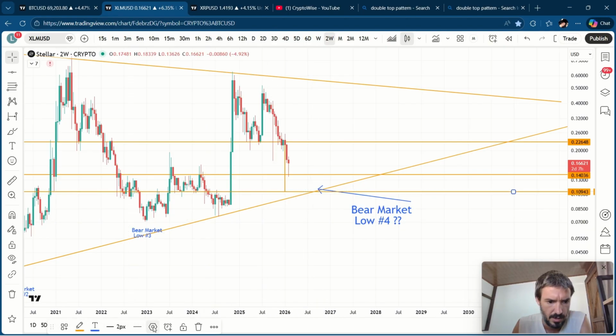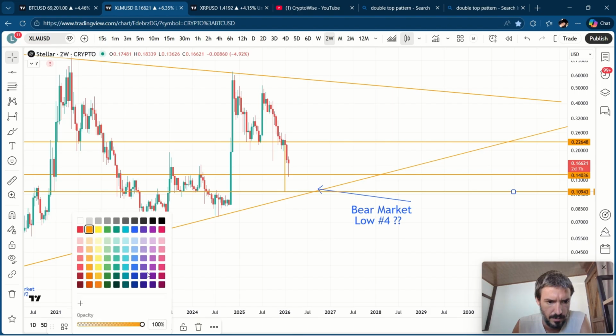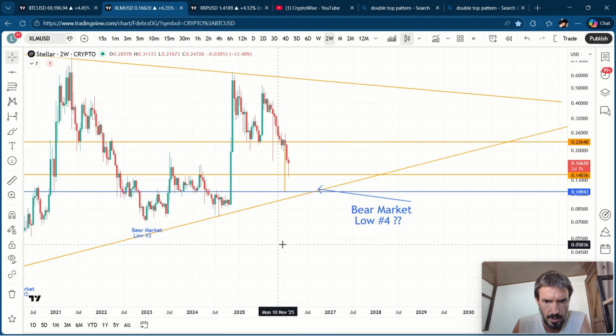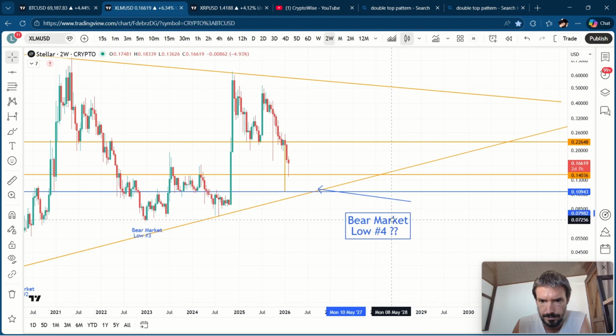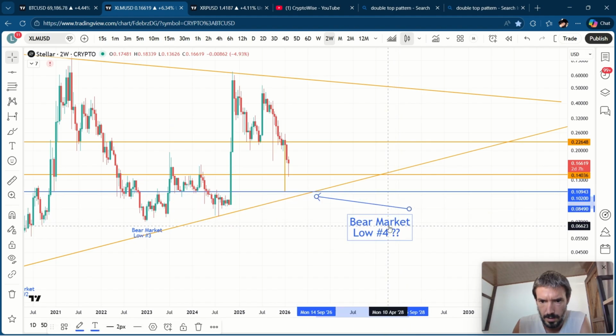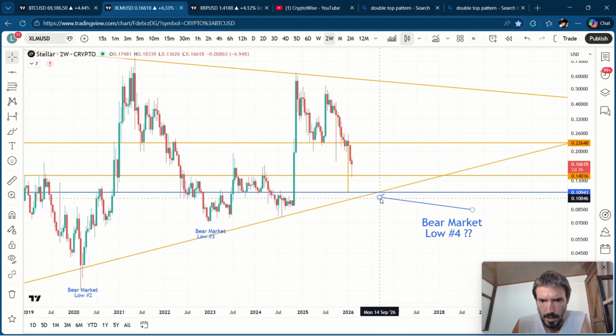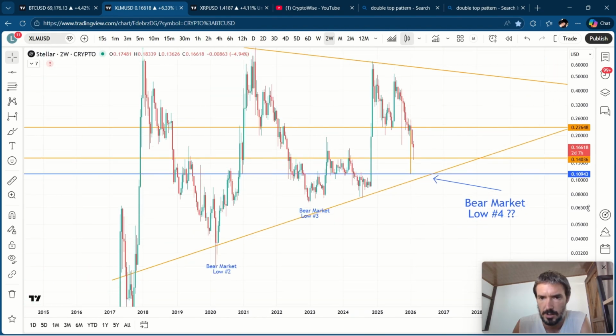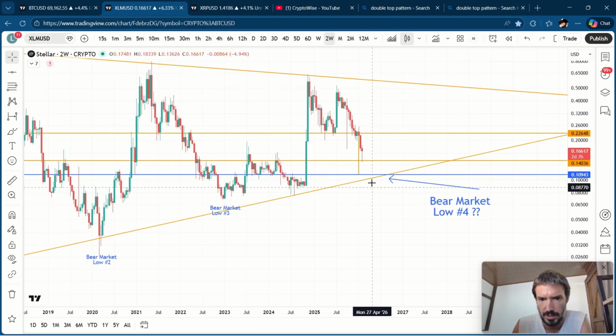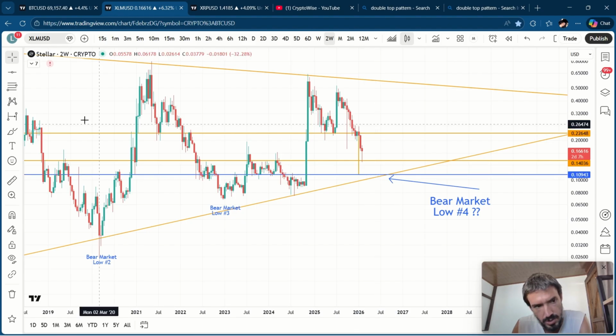I think that this is an area where we could see XLM bottom, right around August, September. They could bottom sooner because XRP and XLM tend to move a little bit differently. But either way, timing is kind of challenging to figure out when it would drop there.